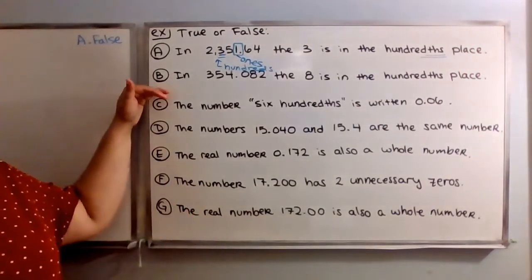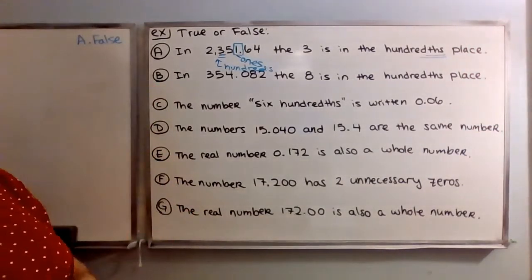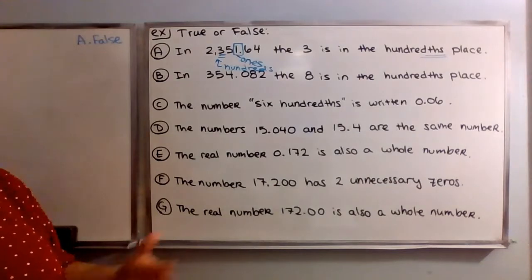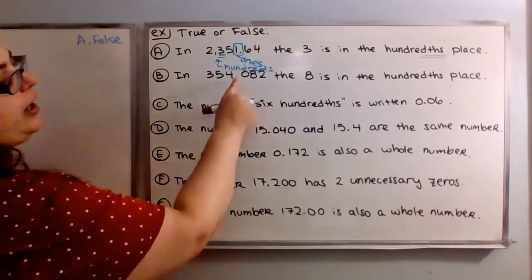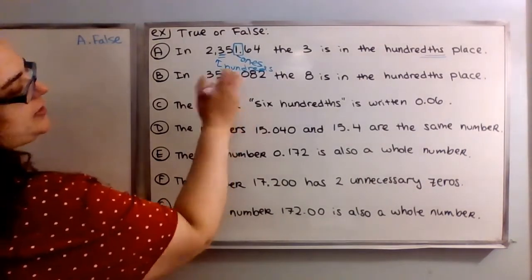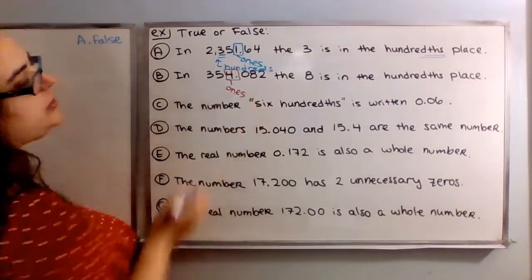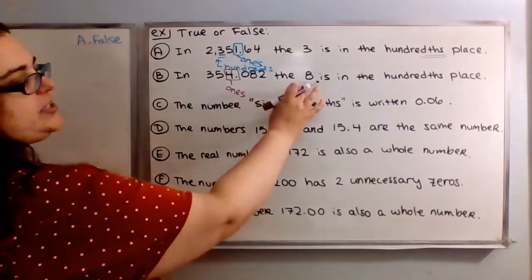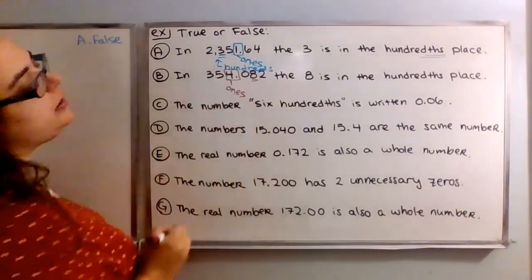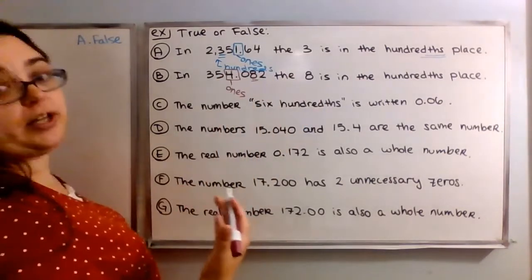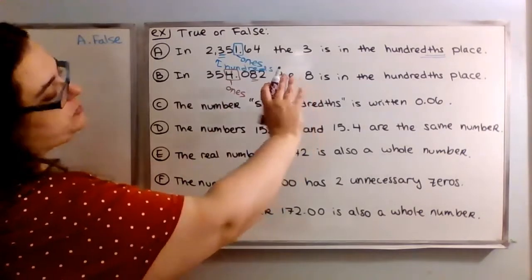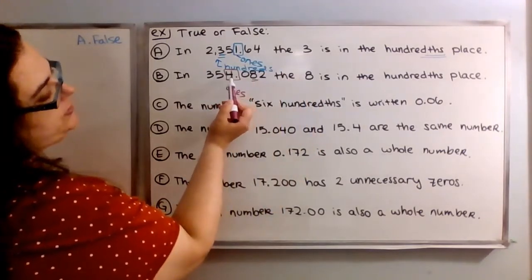So in part B, we have another similar kind of question. We have a digit and we're looking for its place value. So identify where the decimal point is. That's going to help us find the ones place. And we're interested in the digit 8. So this time the digit we're interested in is on the right-hand side of the decimal point. So this is our ones.